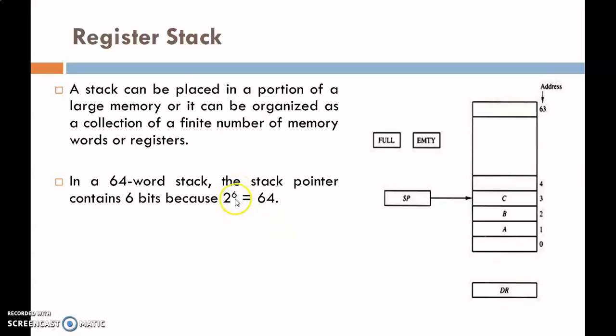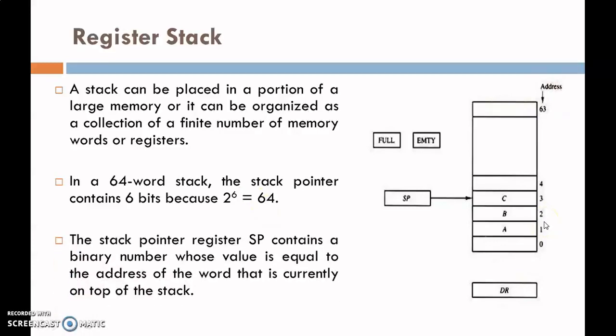That means 6 address bits are used for the stack. So the stack pointer contains an address, and the size of the stack pointer is 6 bits. The stack pointer register SP contains a binary number whose value is equal to the address of the word that is currently on top of the stack.